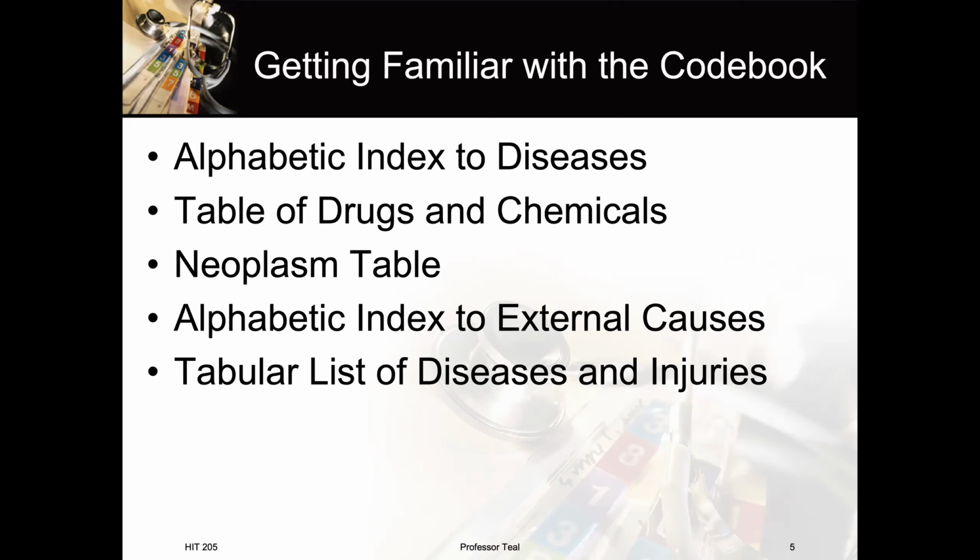So if you want to become a certified coder and you are going to take a certification exam, you have to be very well versed in how to use your code book. The exams are timed, so if you're spending a lot of time fumbling around in your book trying to figure out where to find things, that's going to eat up time on the clock. So you just want to make sure that you take the time to get familiar with your code book now.